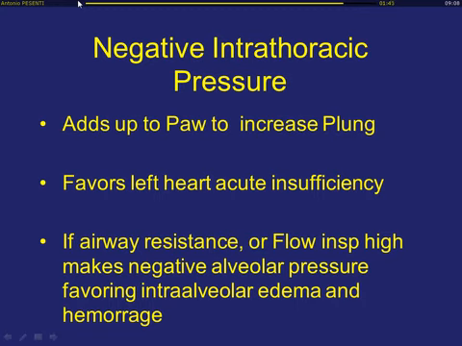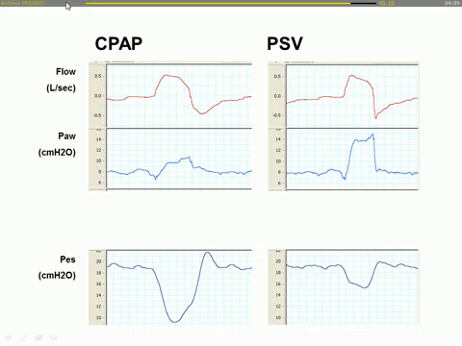Moreover, a negative intrathoracic pressure, we know from the heart point of view, it causes acute left heart insufficiency if the negative is low enough. But the negative intrathoracic pressure is linked to the amount of support.